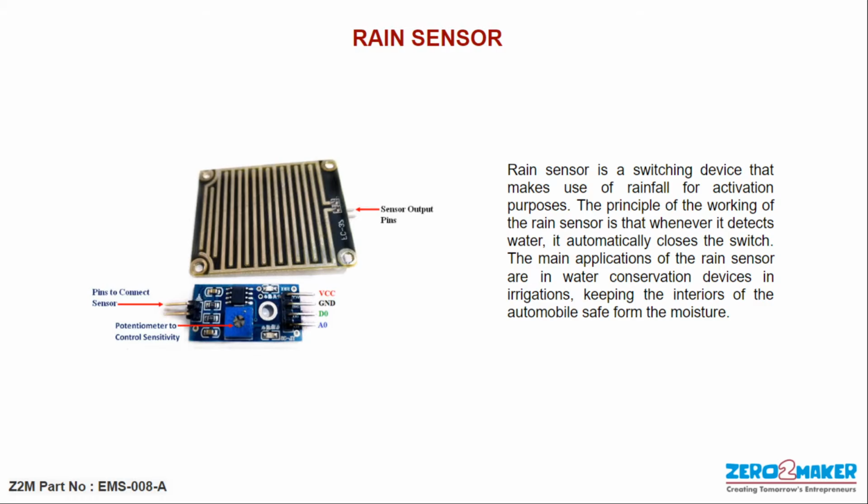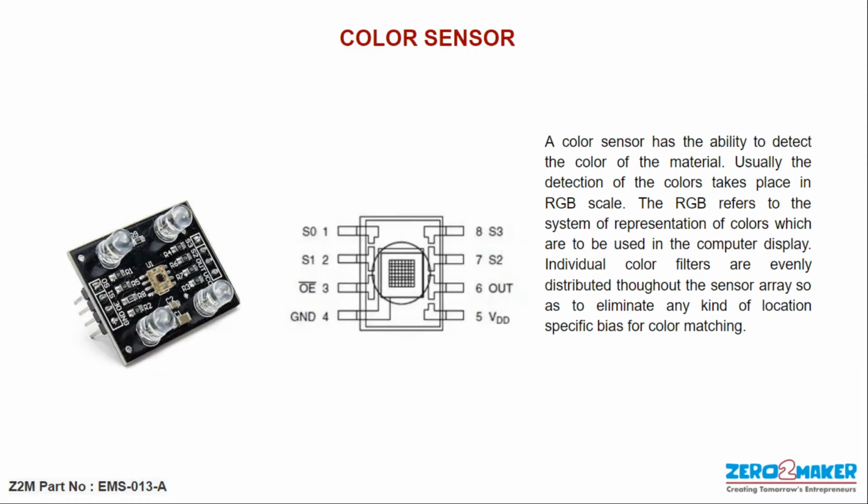This is the additional module which converts the signal and sends it to DO or AO according to the requirement of the project. This is the color sensor. It detects the color as red, green, blue, and gives it to you in a hex code, which you can easily understand using some coding parameters and identify the color.